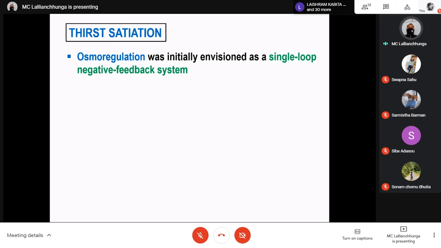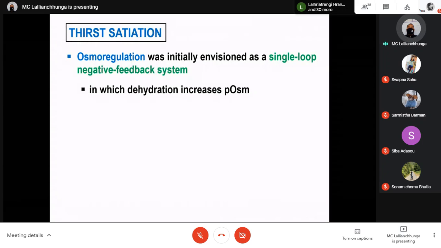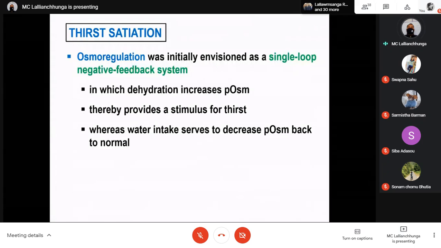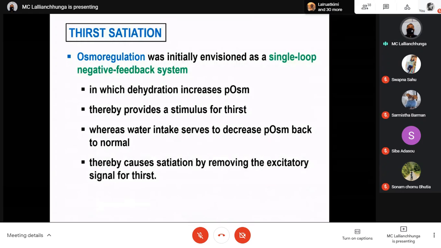Osmoregulation was initially envisioned as a single-loop negative feedback system in which dehydration increases plasma osmolarity, thereby providing a stimulus for thirst, whereas water intake decreases plasma osmolarity back to normal, thereby causing satiation by removing the excitatory signal for thirst.